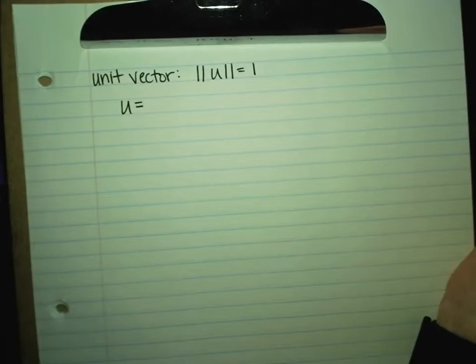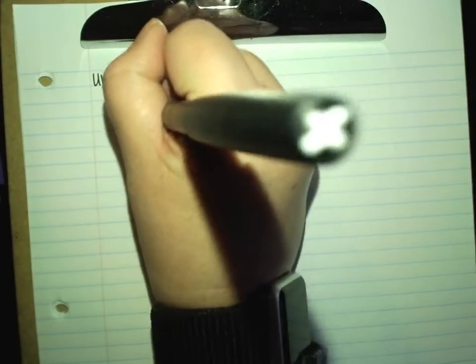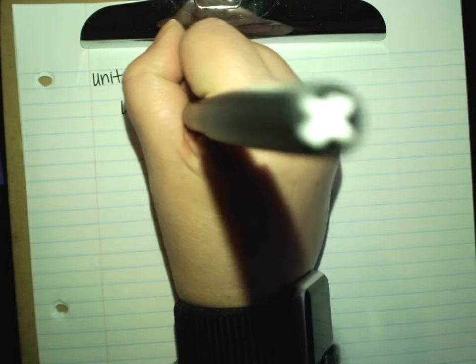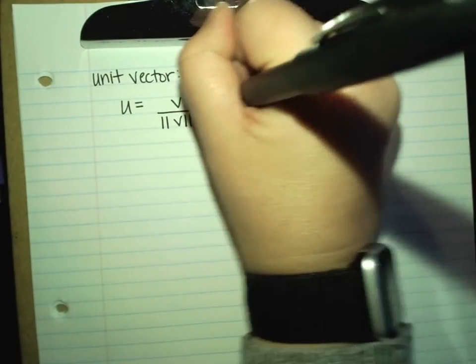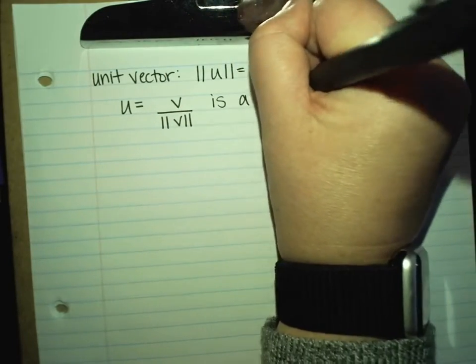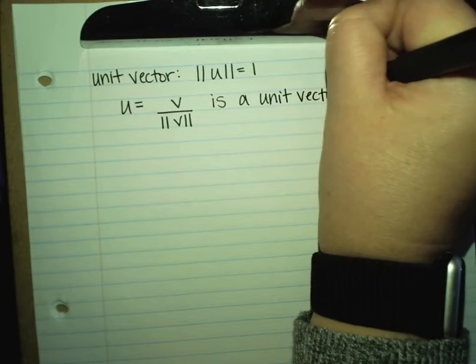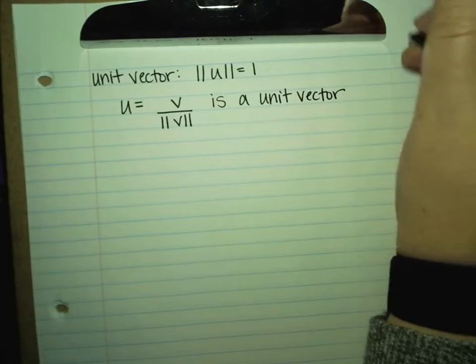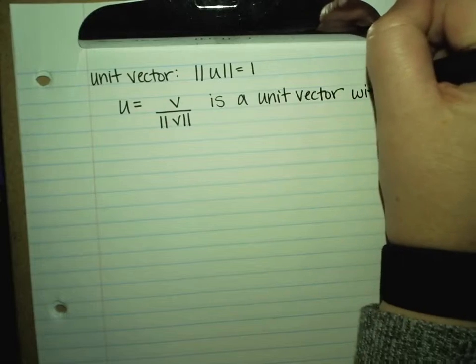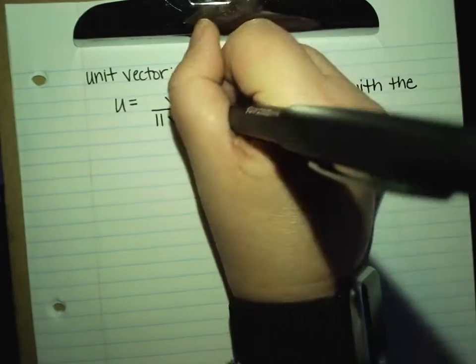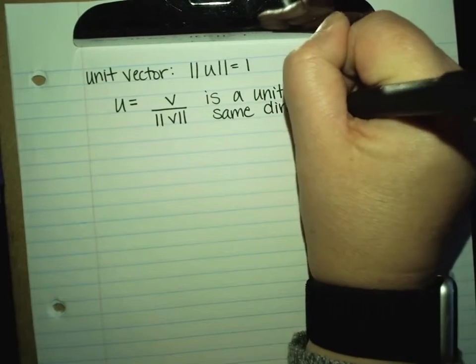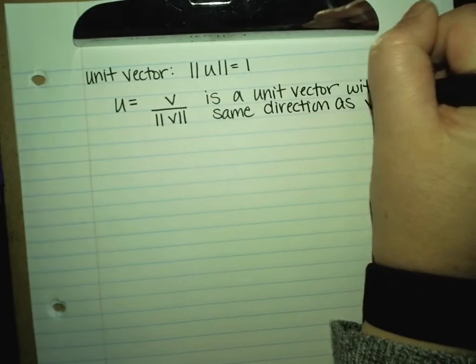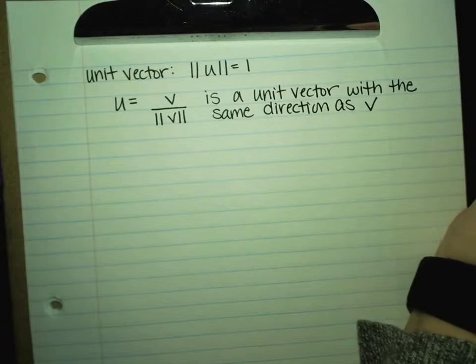So our unit vector then is our vector divided by the magnitude of the vector. So that is a unit vector with the same direction as V, as the original vector.